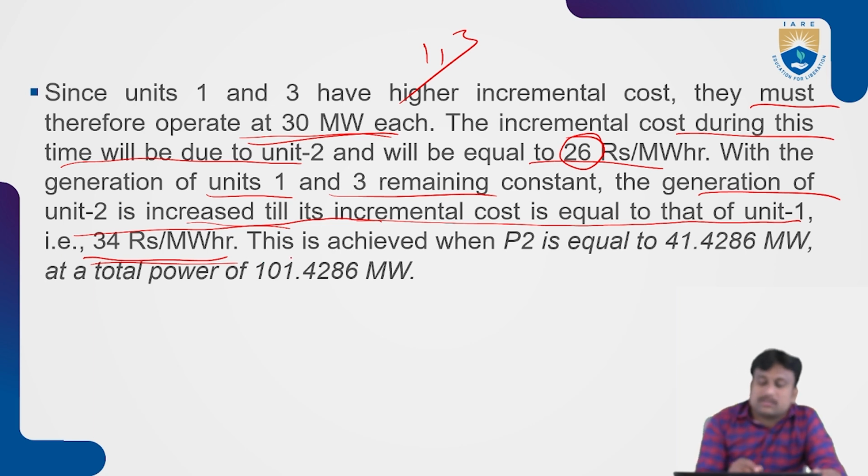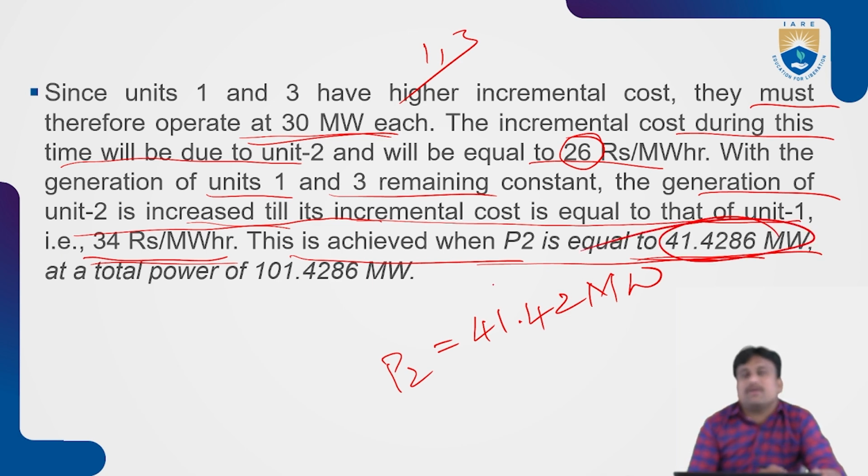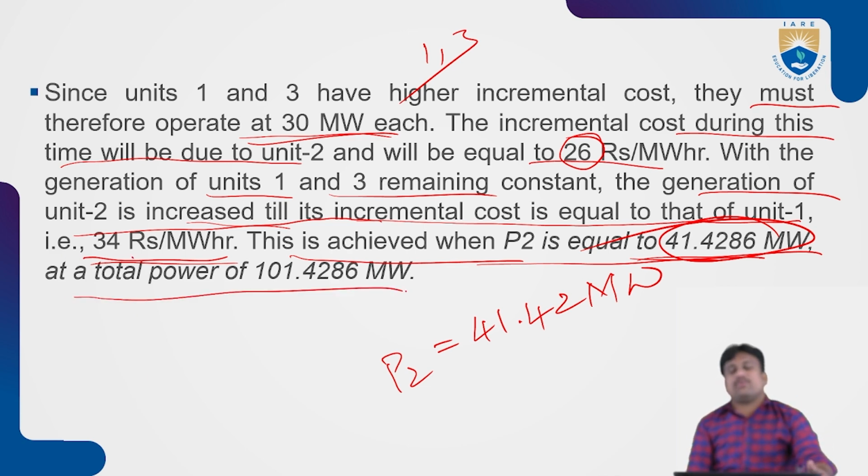This is achieved when P2 is about 41.42 megawatts, at a total power of 101.4286 megawatts.